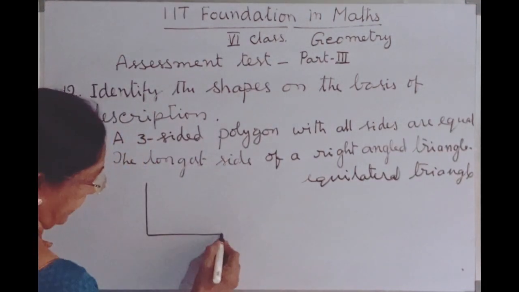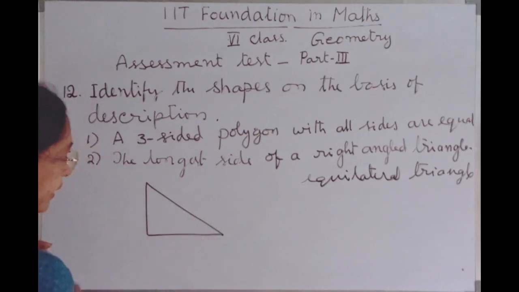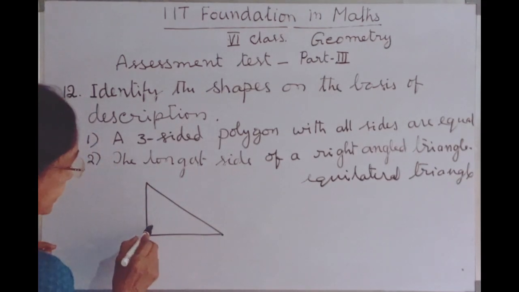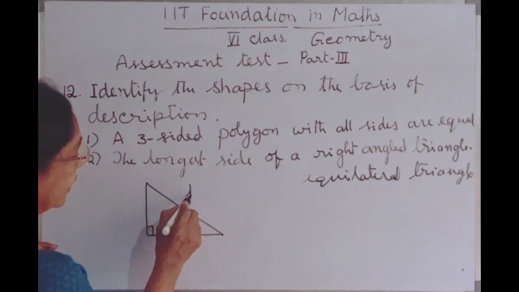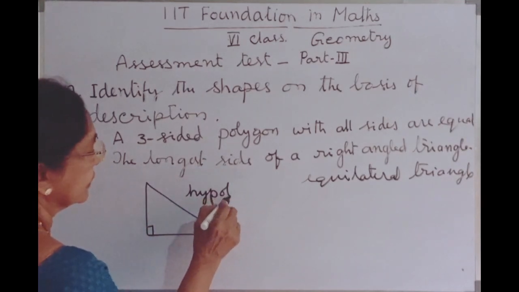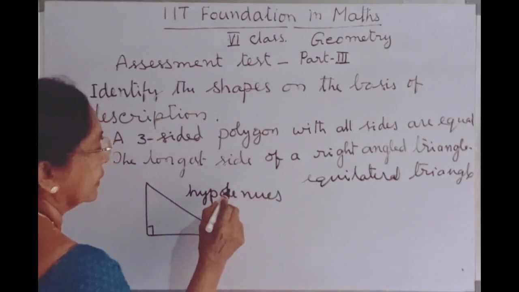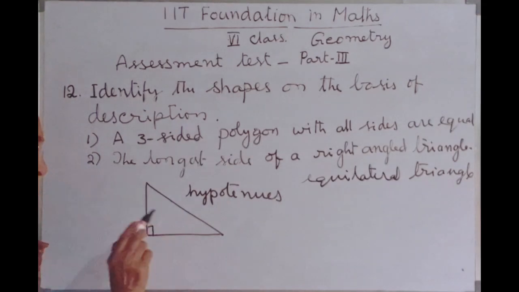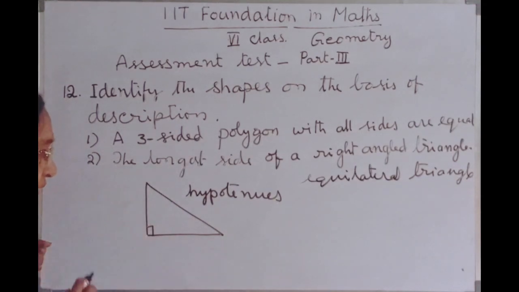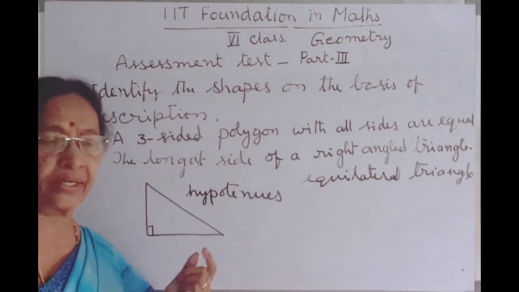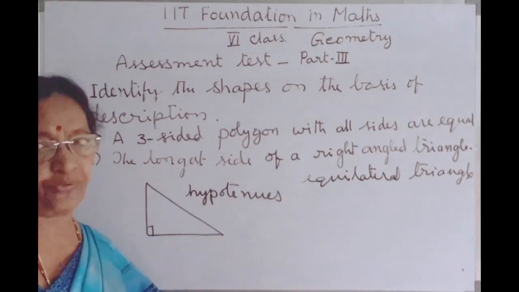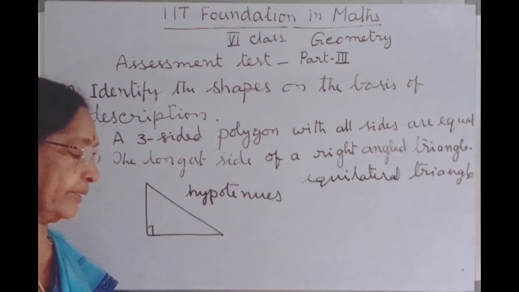It is a right angled triangle. And this is the right angle. The side opposite to the right angle is called hypotenuse. This is the longest among the 3 sides. Therefore, the longest side of a right angled triangle is the hypotenuse of the right angled triangle.